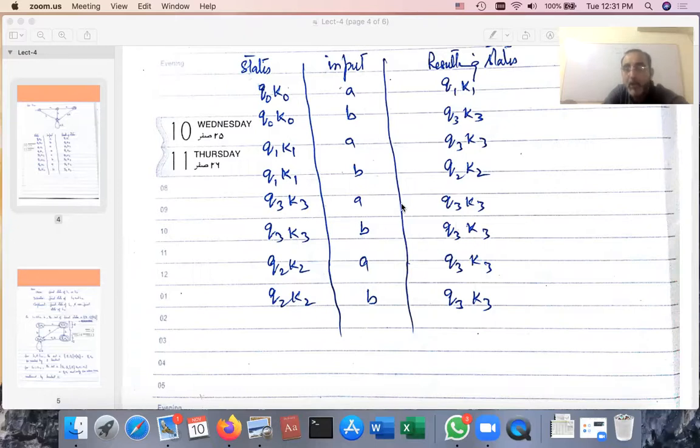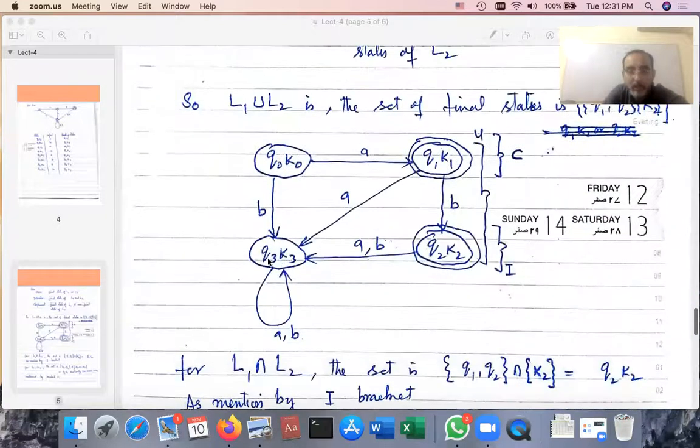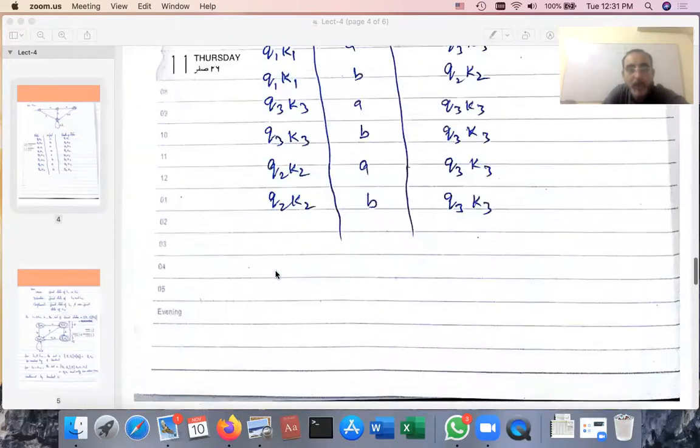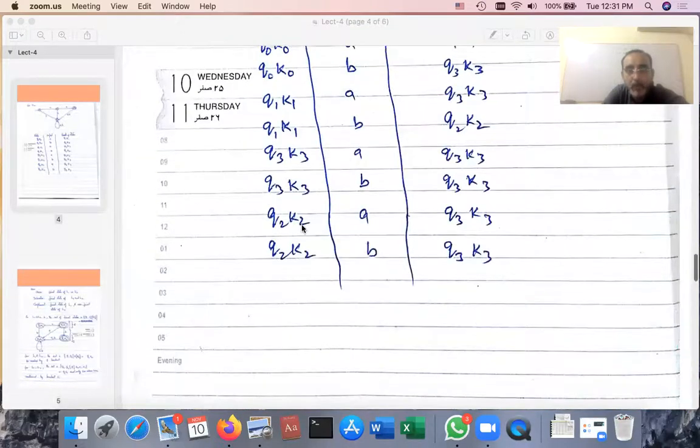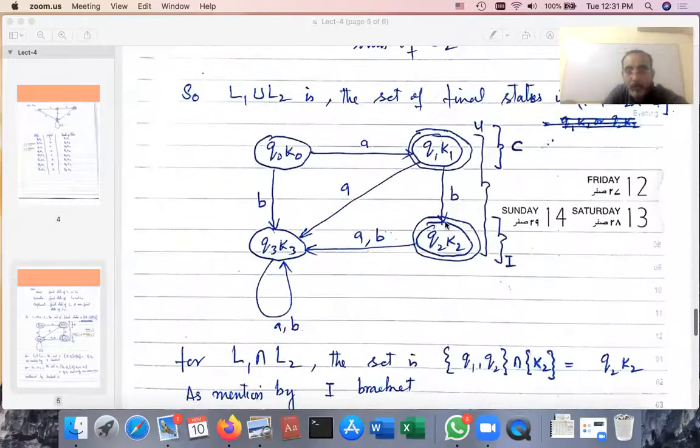So I have to draw a loop with A and B. Now Q2, K2 with A, I will reach Q3, K3, and Q2, K2 with B, I will reach Q3, K3, the same state. So I have to draw an edge with A and B from Q2, K2. So now this DFA according to that transition table is complete.